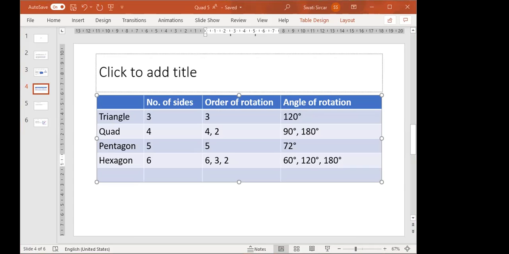Forming a pattern for odd numbers and even numbers. So how are the numbers in the third column related to the numbers in the second column? It is 360 divided by the number of rotations that will give the angle of rotation. That is fine.